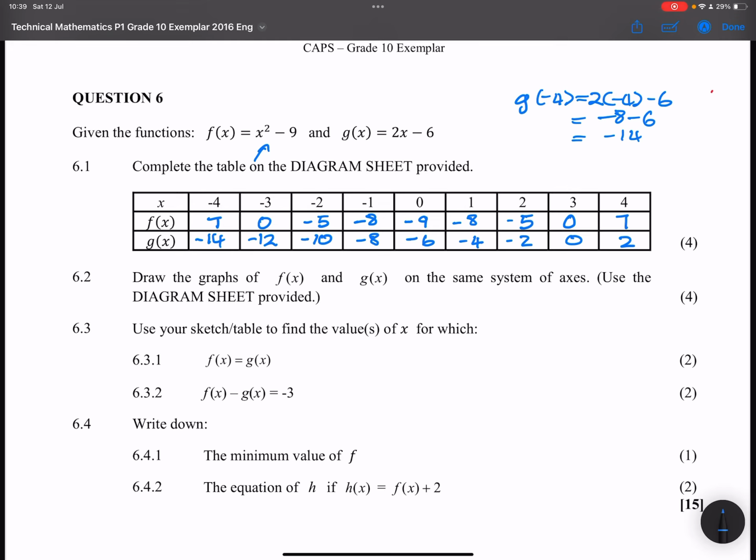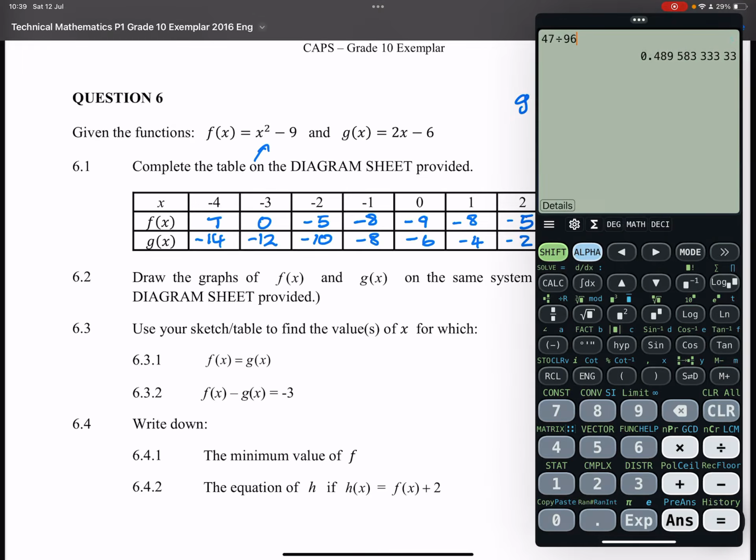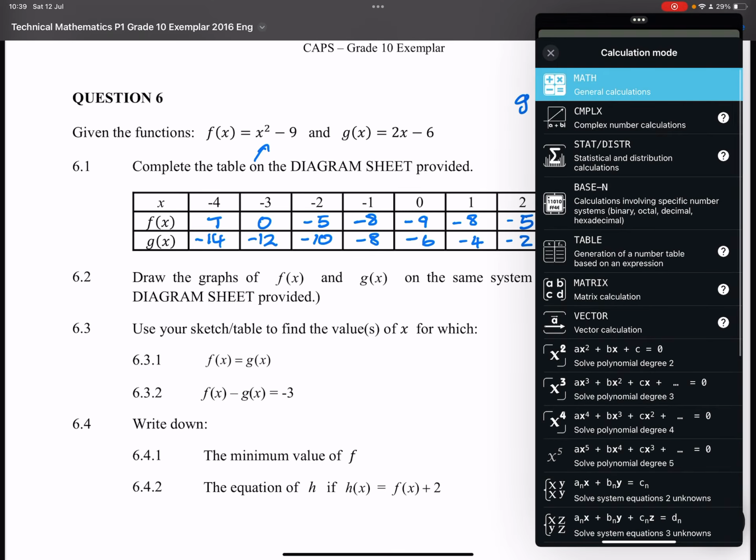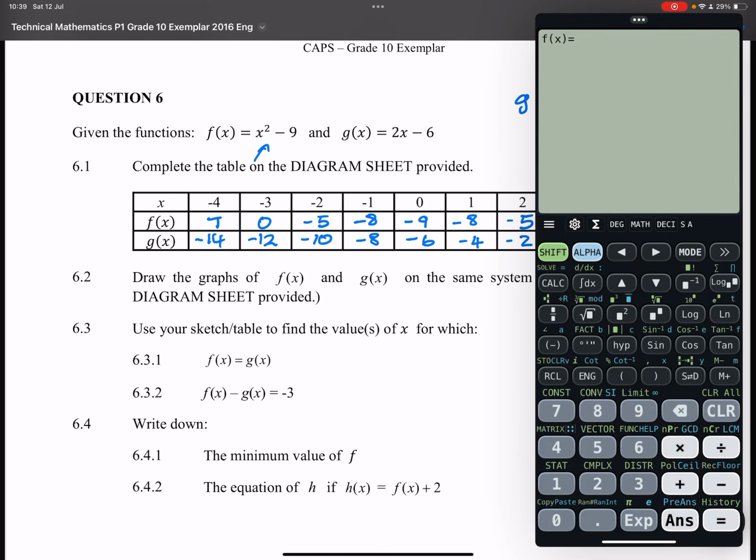Now, what we want to do is make sure that we can draw the graphs. That's the second question. But before we go ahead and do that, you can actually go to your calculator. Go to mode and select table.